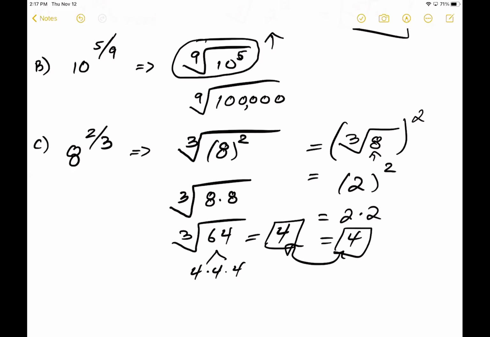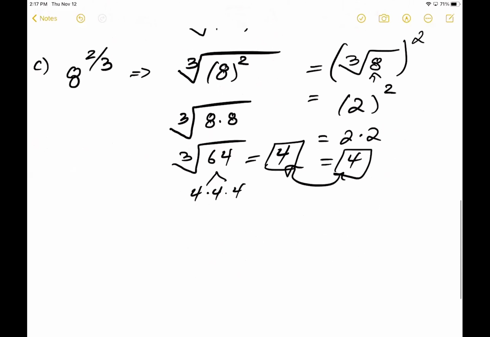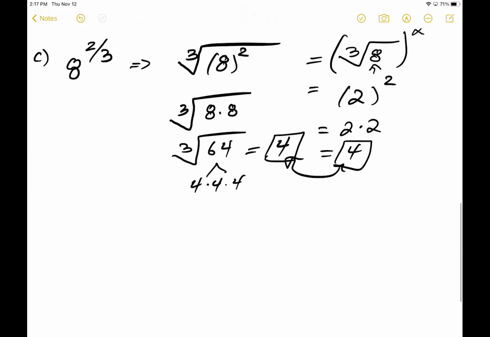And that's what they will give you a lot, ladies and gentlemen. They will give you something in that nature. Let's try this item here. For instance, let's say they give you 4 raised to the 3 halves.